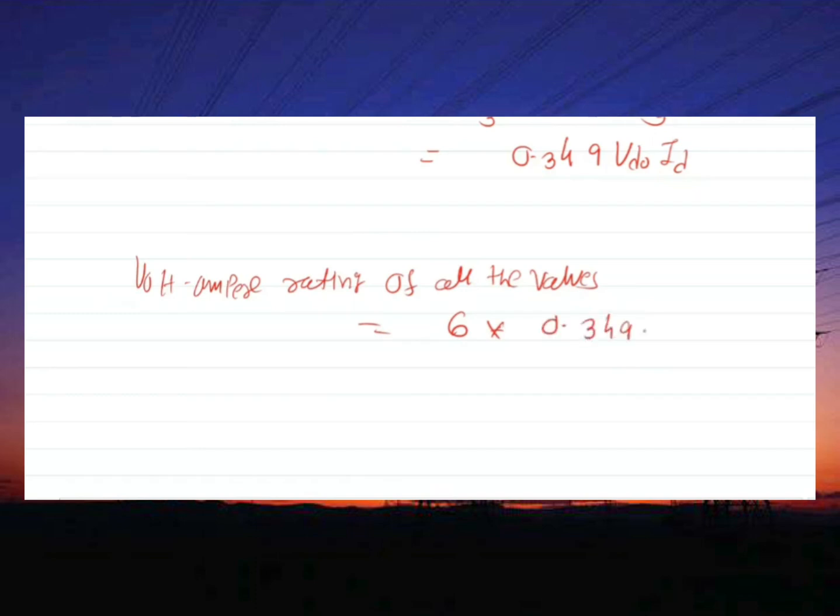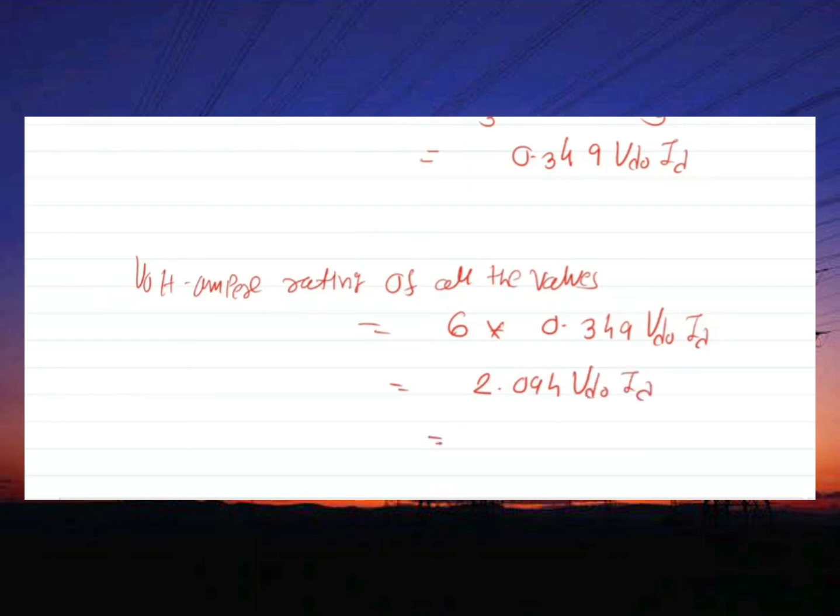In a 6-pulse converter, the total number of valves is 6. So the volt ampere rating of all the valves for a 6-pulse converter is equal to 6, because there are 6 valves, multiplied by that, which is equal to 2.094 VDO Id.